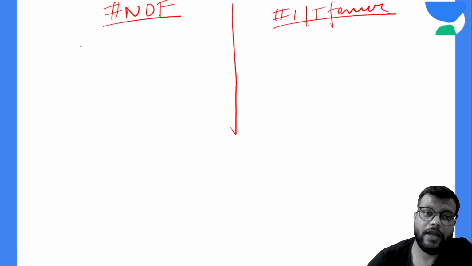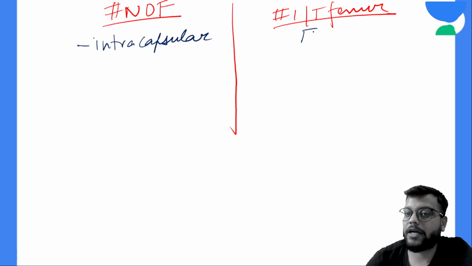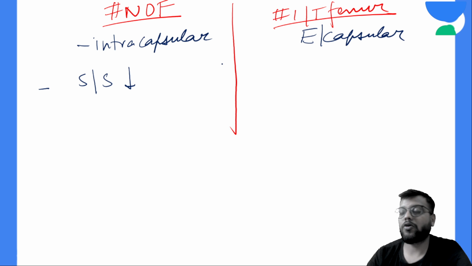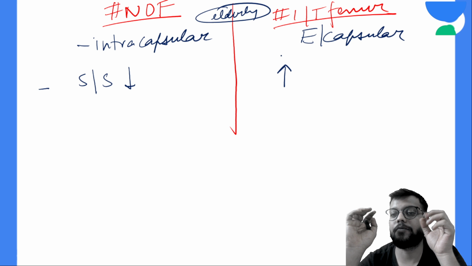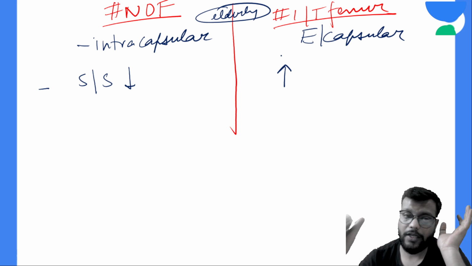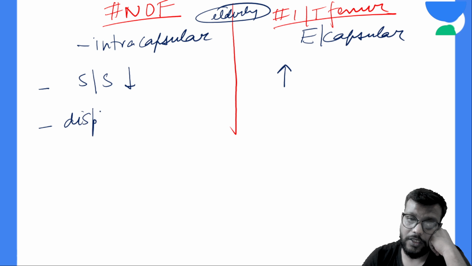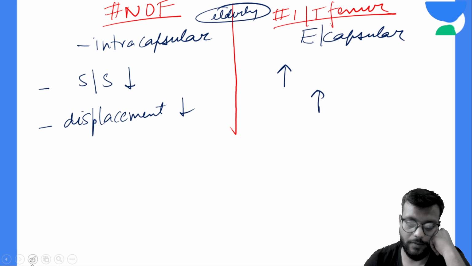So neck of femur fracture is your intracapsular fracture. Neck is inside the capsule of the hip joint. IT femur is your extracapsular fracture. In neck of femur fracture, the signs and symptoms are both common in the elderly population. So the signs and symptoms are less in neck of femur fracture as compared to IT femur, like pain, swelling, deformity, etc. Displacement, because it is intracapsular, obviously will be less, and here displacement will be more.